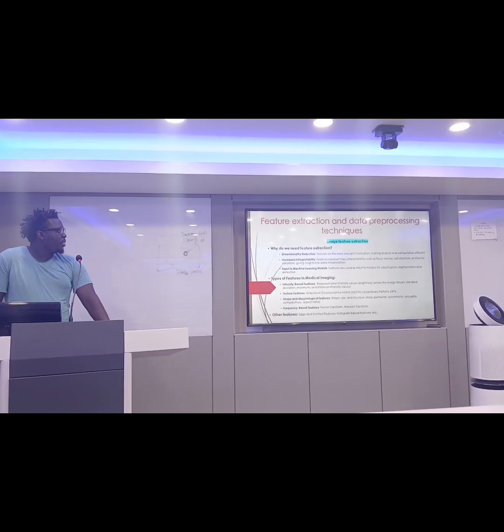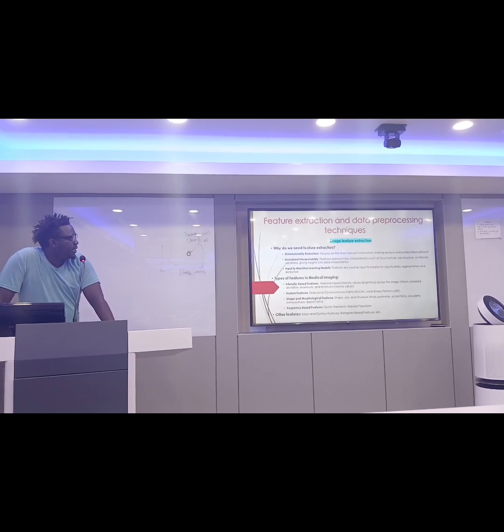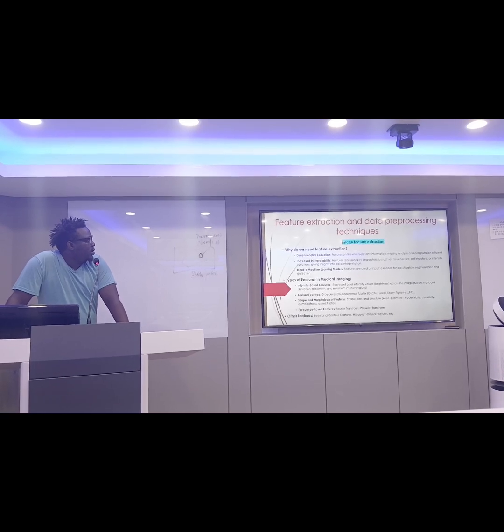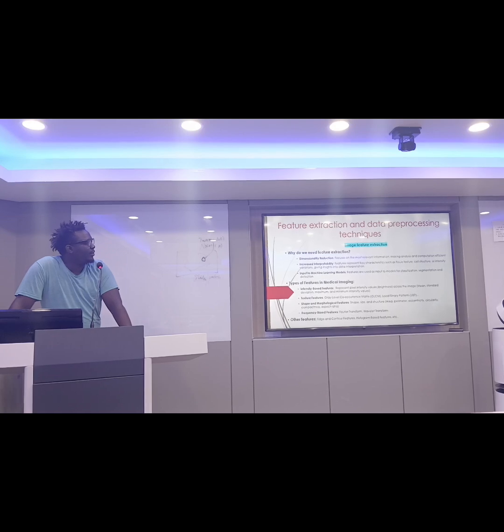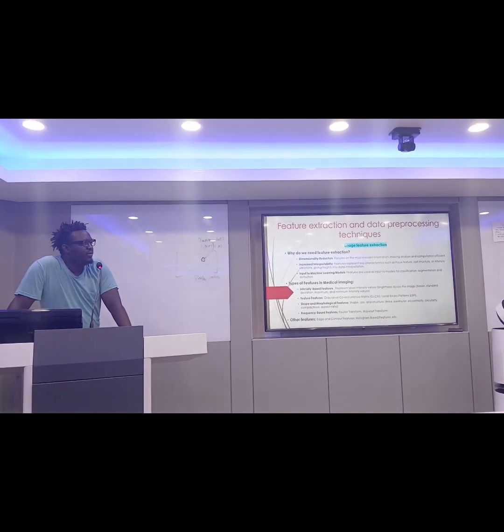Okay. So once you have succeeded to pre-process the data, making the data clean and ready for treatment, one of the stages you can do is to extract the features.